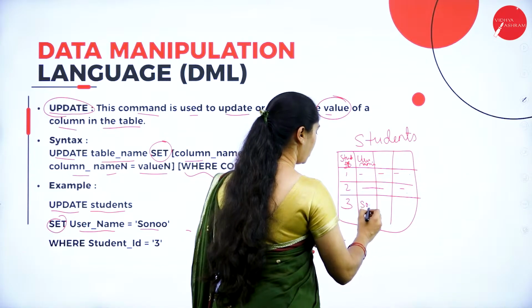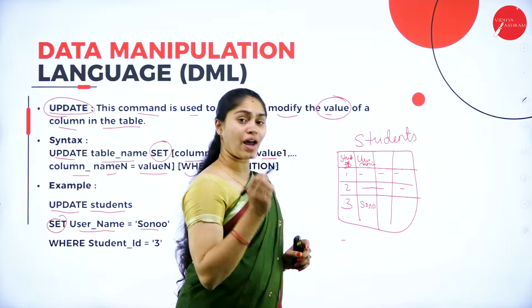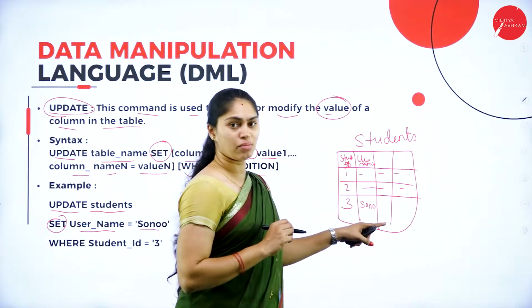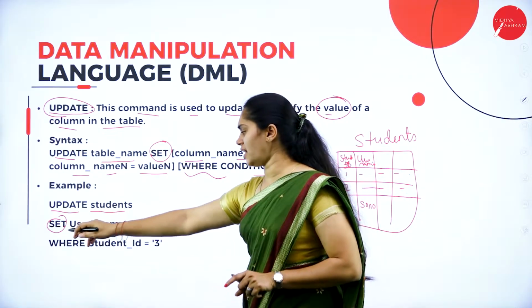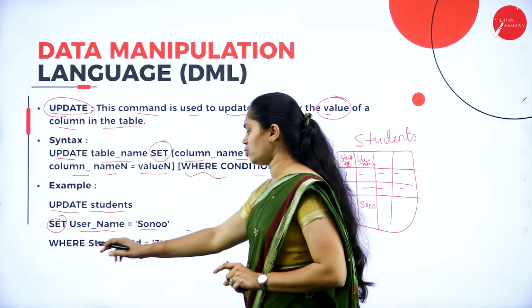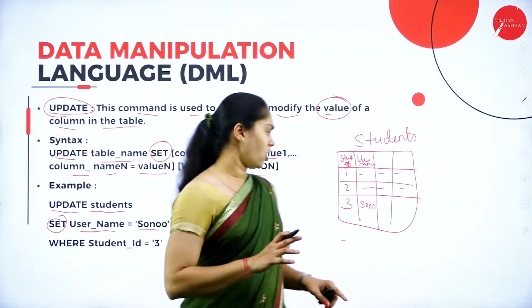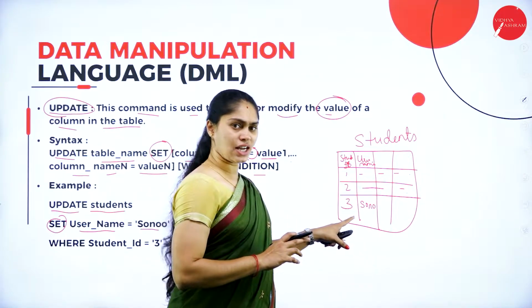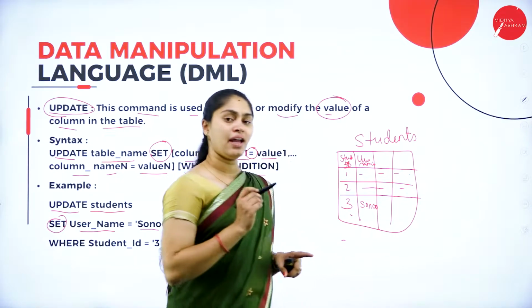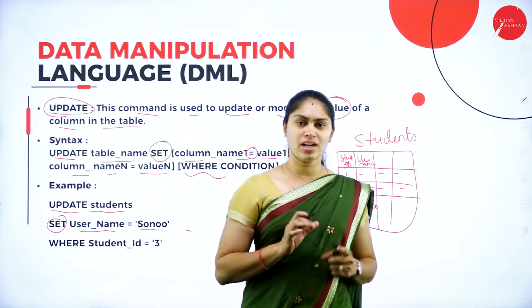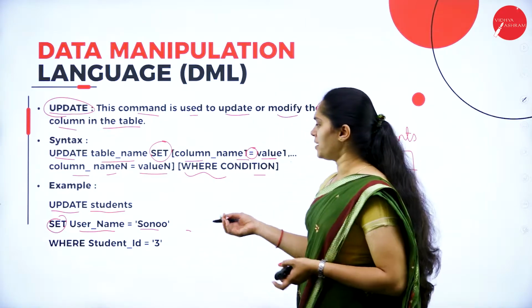Now I want to make it SONOO. How can I do that? By using this UPDATE students SET username is equal to Sonu WHERE student ID is 3. At this point, for student ID 3, it was SONO. After the update it will become SONOO. This is how we use the update command.